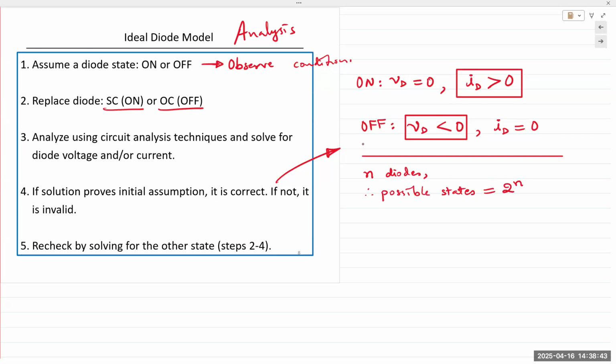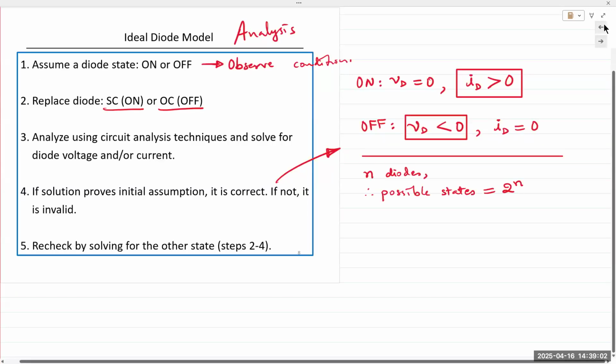So if you have 2 diodes, you have 4 possible states. If you have 3 diodes in a circuit, it's 8 possible states. If it's 4 diodes, you have 16 possible states. And the example that we'll look at actually has 2 diodes. Okay, so we'll look at that.